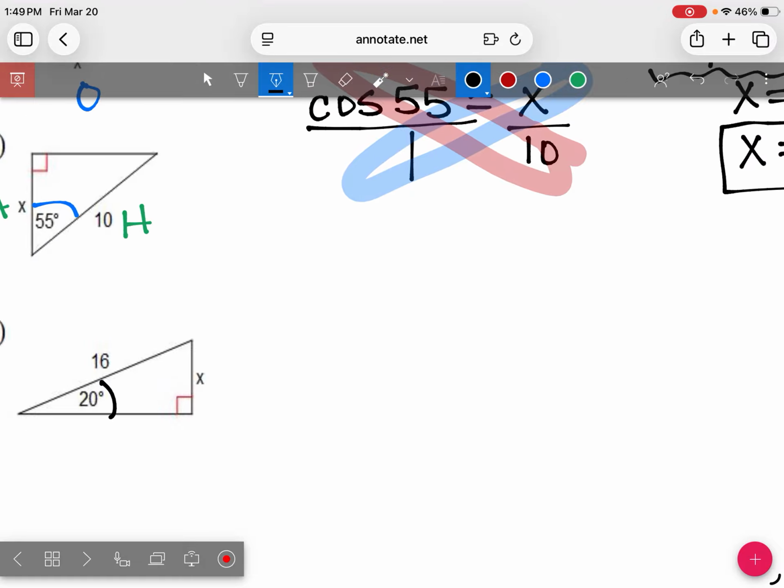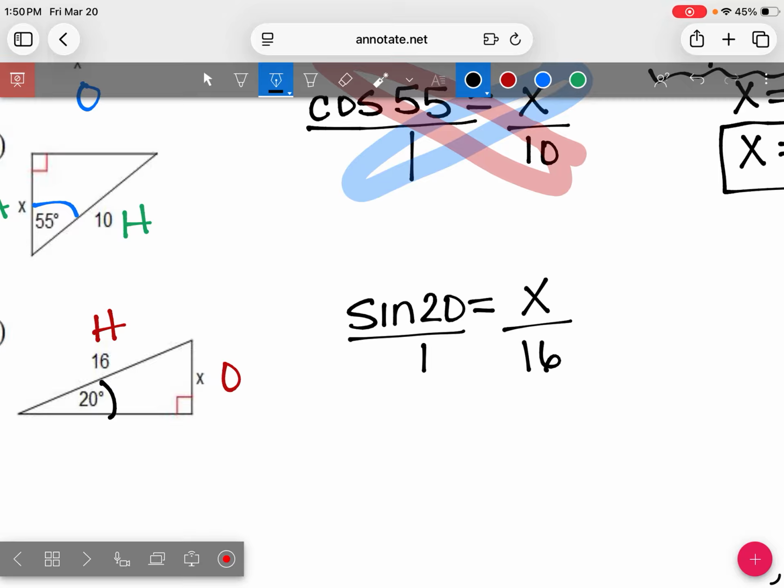So this is my angle. 16 is my hypotenuse. What is x? Opposite. What trig ratio am I using? Sine. Sine of 20 degrees equals opposite over hypotenuse. Go ahead and solve it.